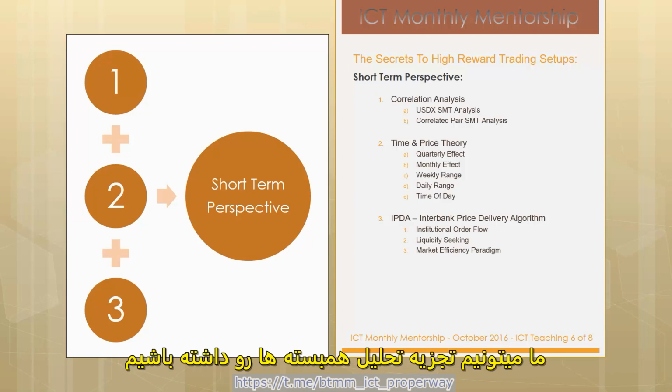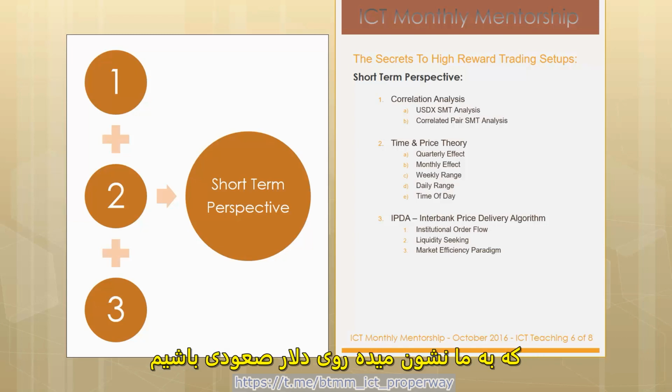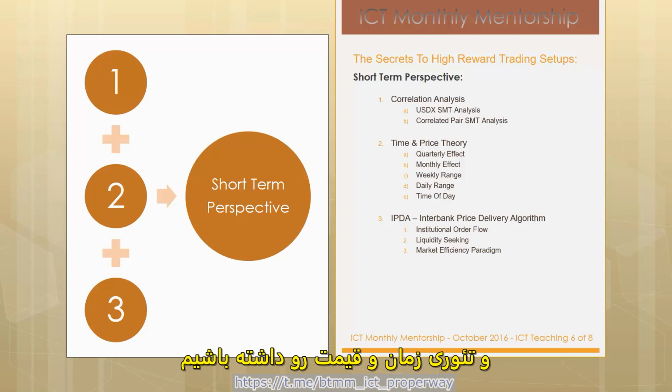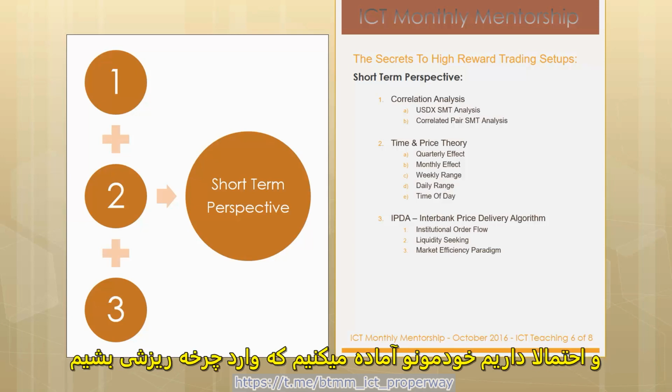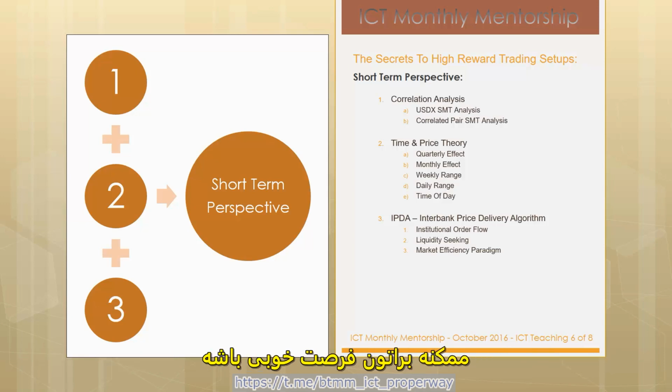We can have the correlated analysis give us an indication that we're going to be bullish on dollar, which would be bearish on foreign currencies, and time and price theory. Okay, quarterly effect. Maybe we've seen the market moving higher, okay, in recent months, and we're probably getting ready to go into a down cycle.